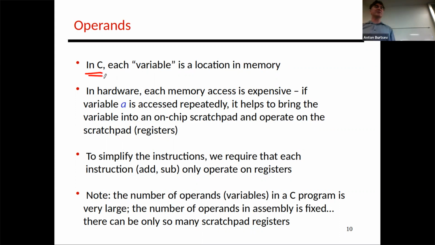In a language like C, we're used to things like variables. We say int A, and you declare a variable. What do you think is actually happening at this point? You type this, then it goes through a compiler, which generates, let's say, machine code.